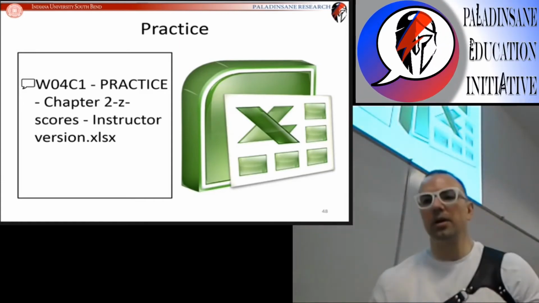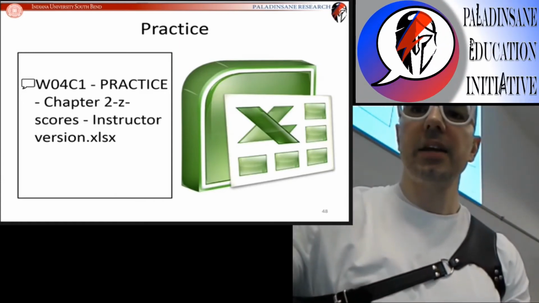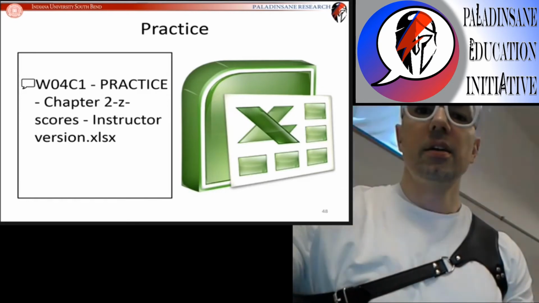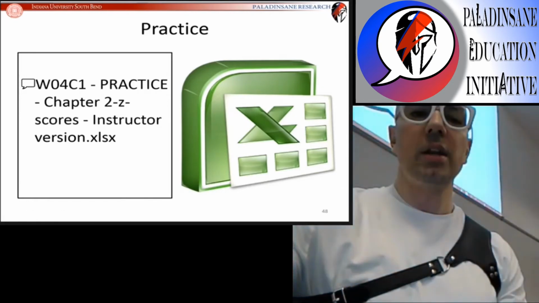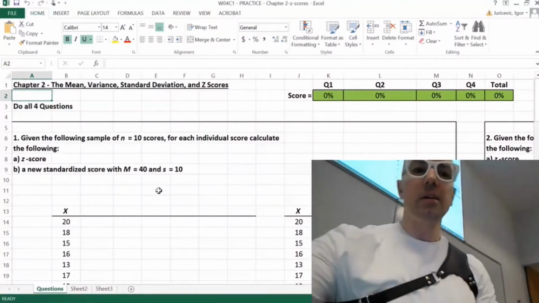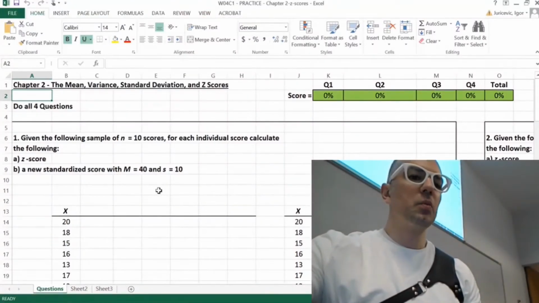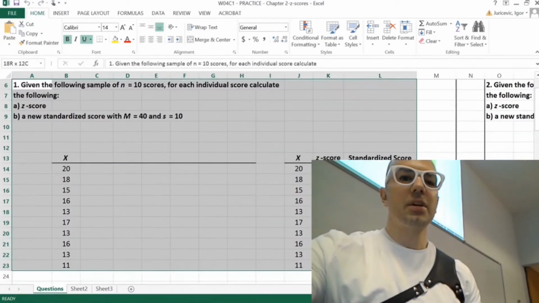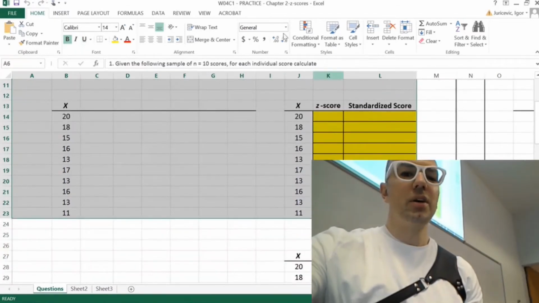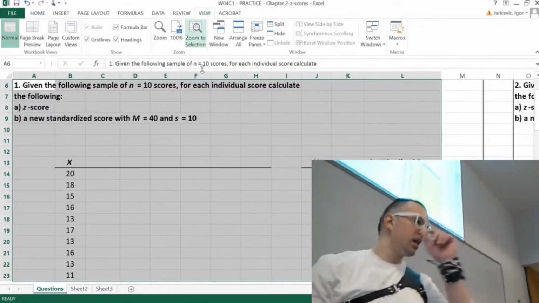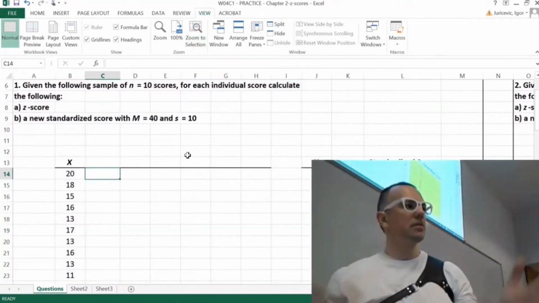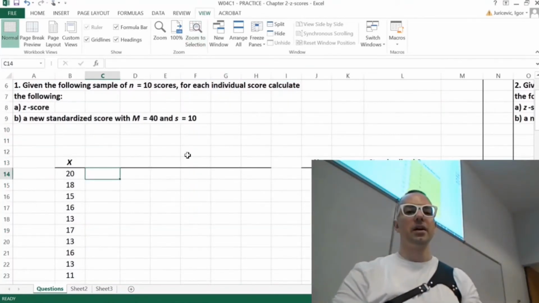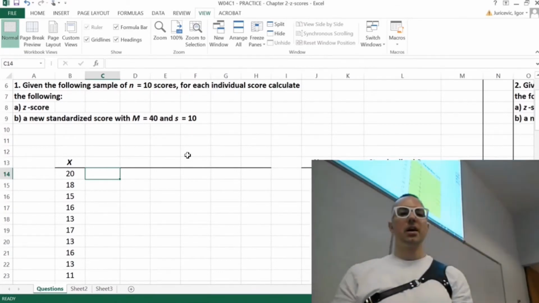We will see how to calculate these z-scores using Excel, and I will show you one particular method that is pretty straightforward and useful. There are other ways to do it. Excel always has a ton of options on how to do particular calculations, so if you find another way, feel free, absolutely. But I do want to show you one very easy way to do z-scores and set it all up.